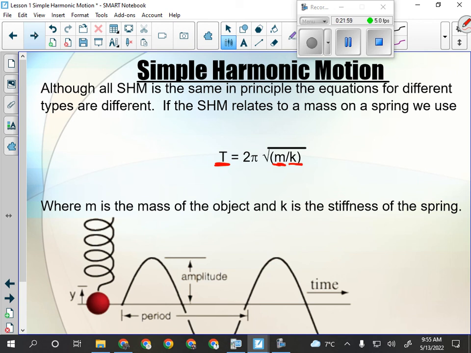Let me get a rubber band on that. Small springs. I only have slinkies. That won't work.